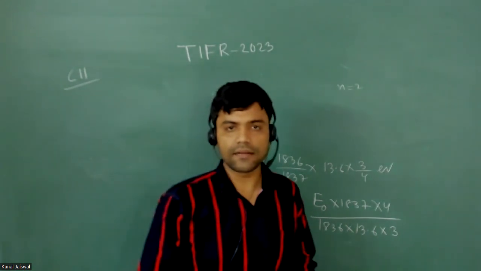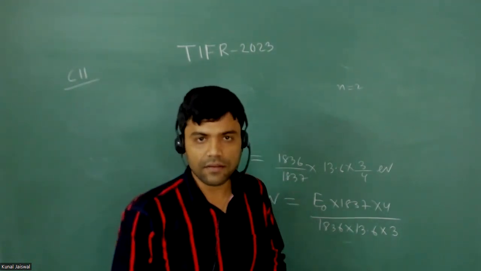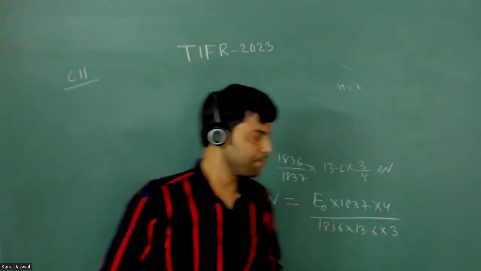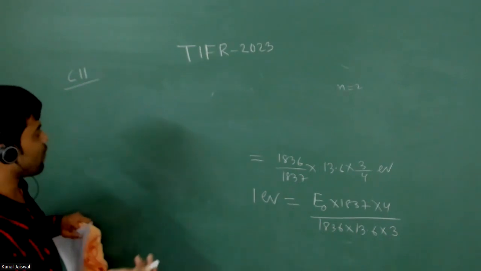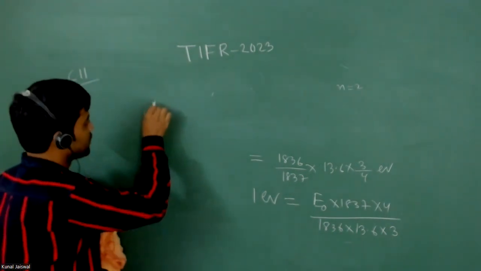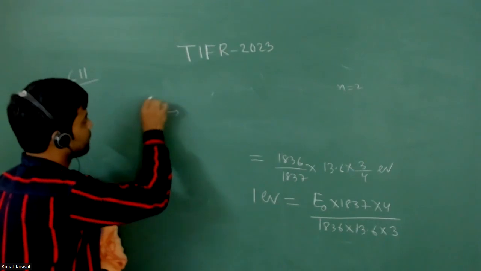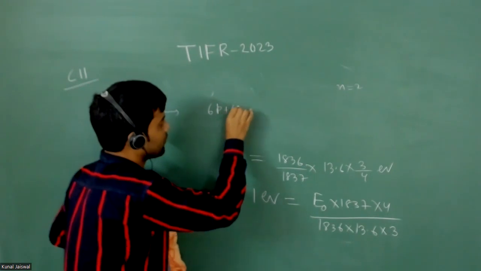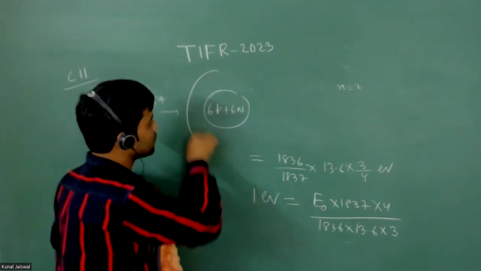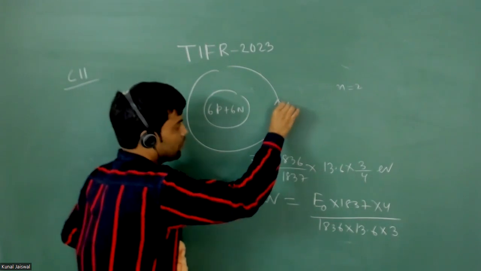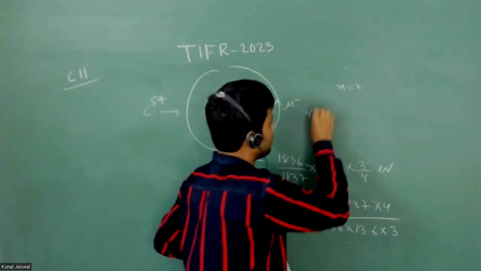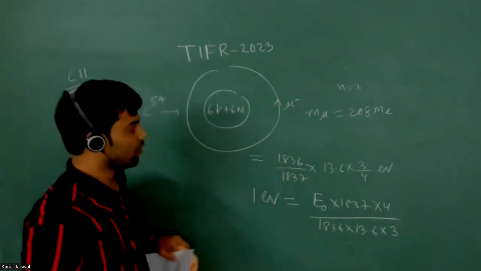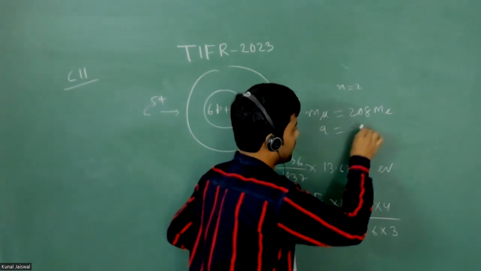Now I'll calculate the energy carried out by the photon in a transition from n equals 3 to n equals 2 for the muonic carbon system. If you see the structure of muonic carbon 5 plus, you have 6 protons and 6 neutrons sitting at the nucleus, and the mu particle is orbiting. The mass of the mu particle is 208 times the mass of the electron, and its charge is minus e.